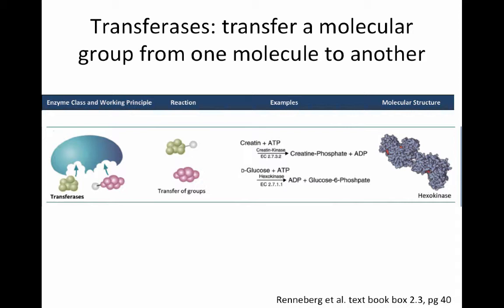The enzyme again folds around them, and the resultant products of this enzyme are ADP, so adenodiphosphate instead of adenotriphosphate, so it has lost a phosphate, and that phosphate has been transferred to the glucose, which is now glucose 6-phosphate. So we're transferring a phosphate from one molecule to another with this transferase.